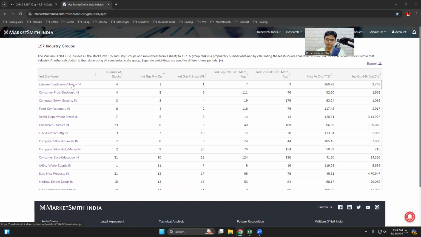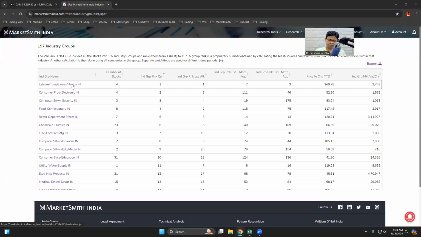Within automotive, you have commercial vehicle manufacturers, passenger vehicle manufacturers, two-wheelers, three-wheelers, auto parts, ancillaries. You can segment the automotive sector into different industry groups. So in total there are 197 industry groups, so the total ranks could only be 197, and we want the rank to be in the top 40.